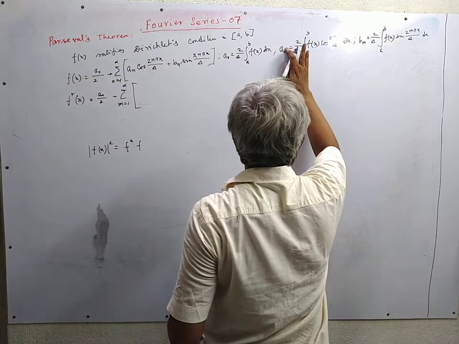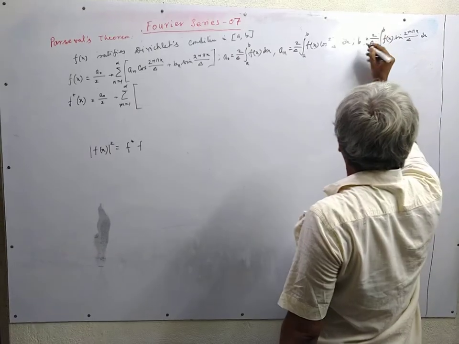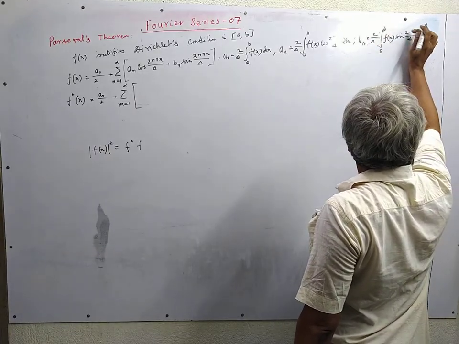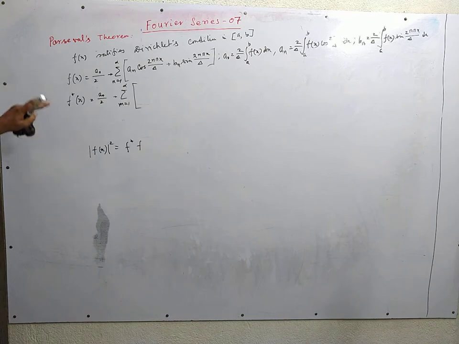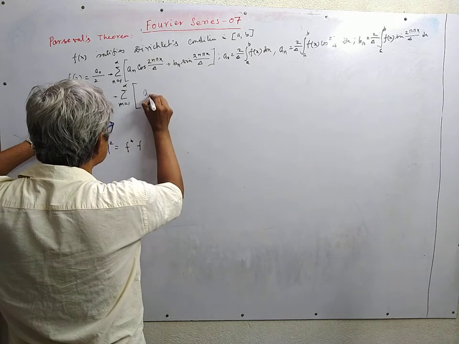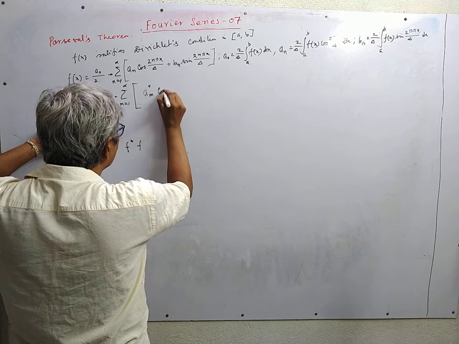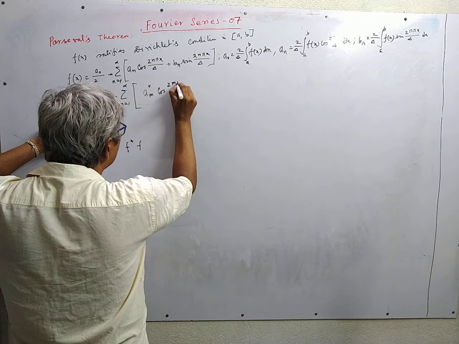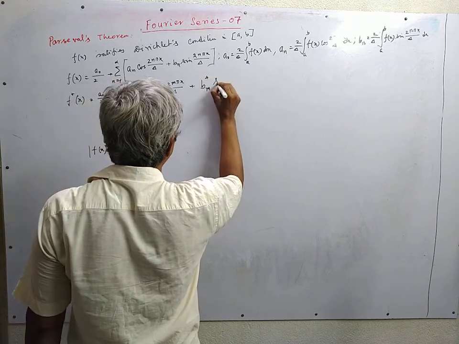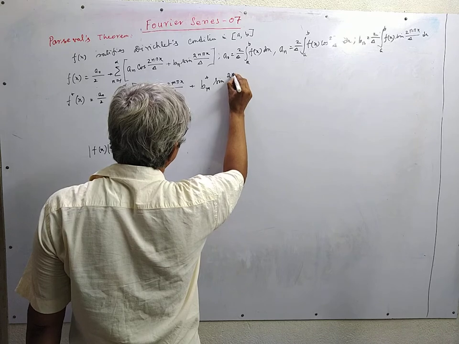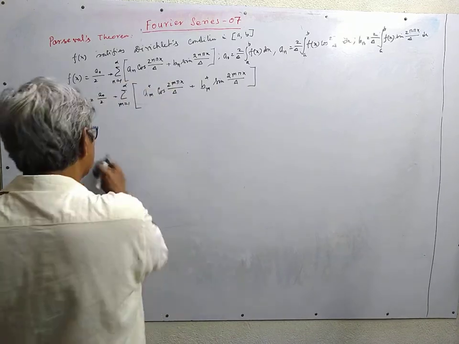There may be some confusion, so we use the dummy integer n for f and m for f star, and we assume that the coefficients may be complex as well. This is the expansion for us.